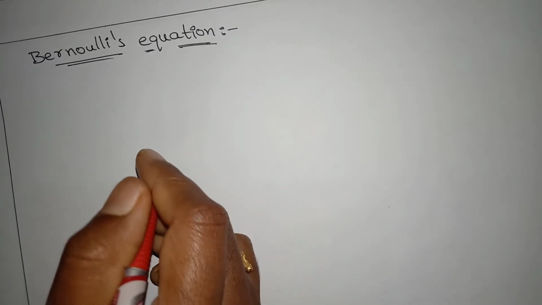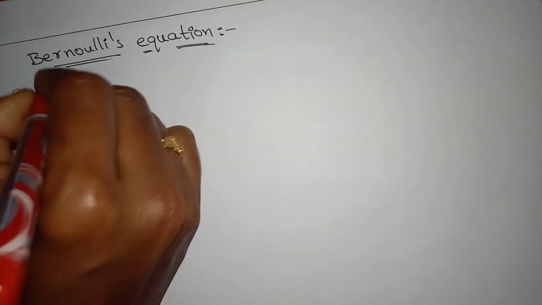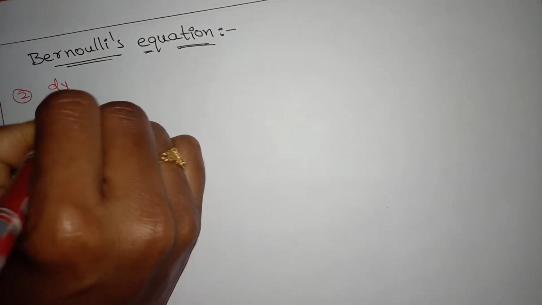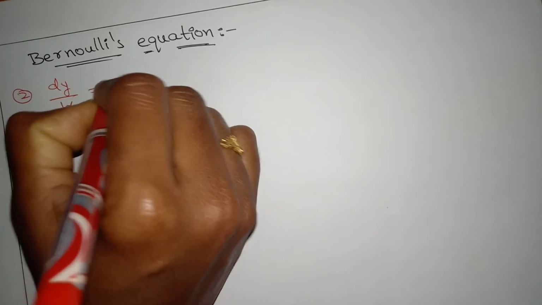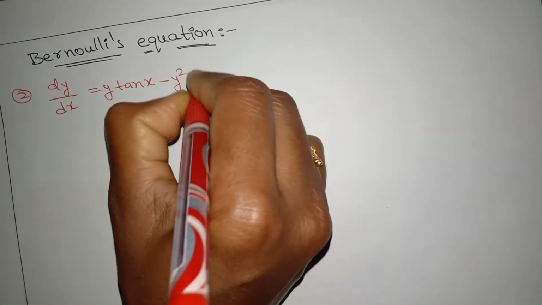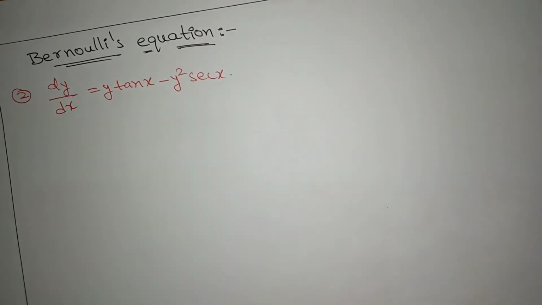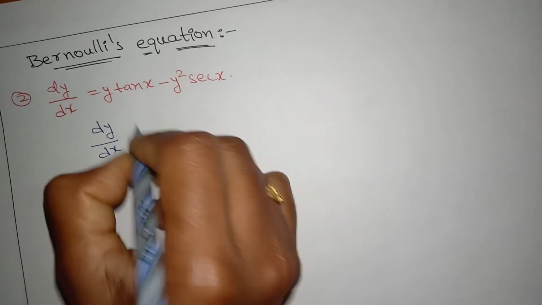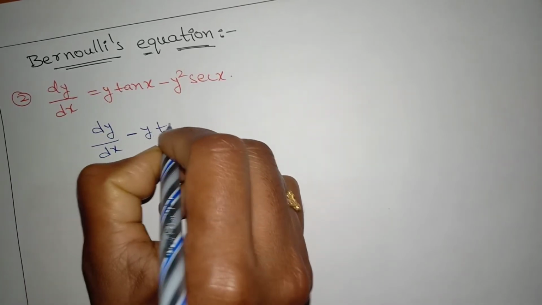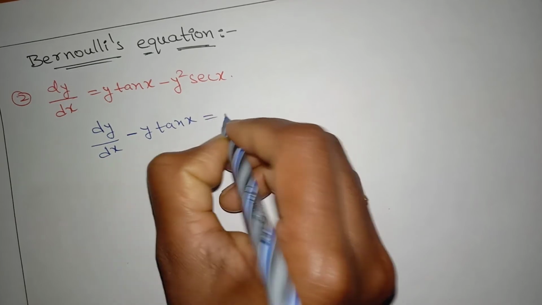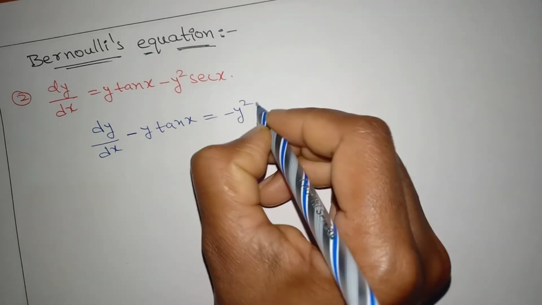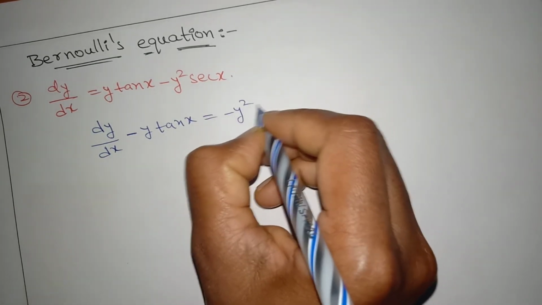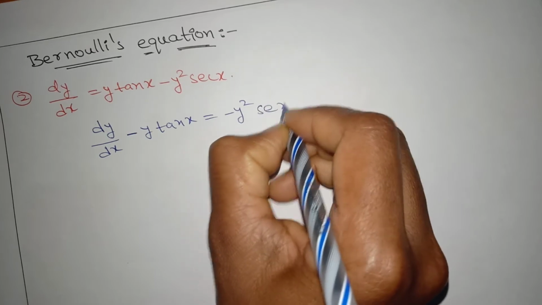I will give you one more example. dy by dx equals y into tan x minus y square secant x. Now rewrite this equation as dy by dx minus y into tan x equals minus y square secant x.